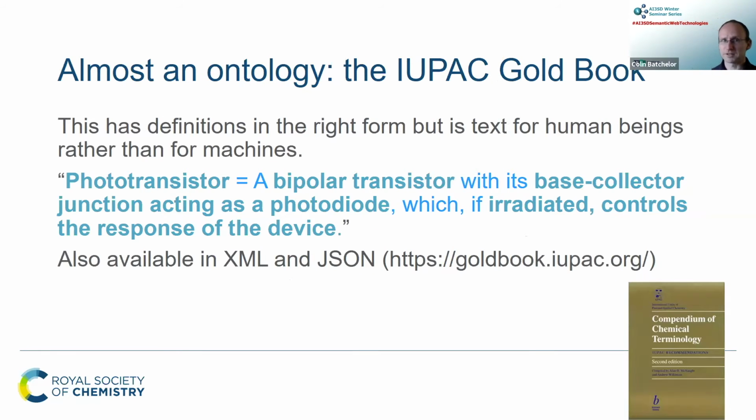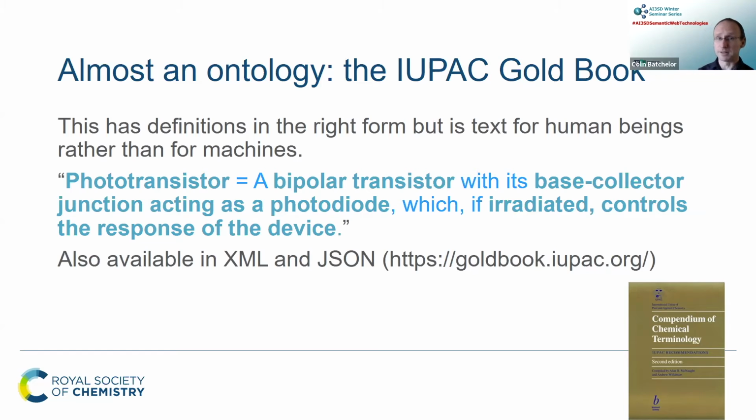Something that's almost an ontology is the IUPAC Gold Book. Now, this actually has definitions for the things that it talks about in a form that is very close to the sort of thing that you have in an ontology. It's called an Aristotelian definition, where you say a phototransistor is a specific sort of bipolar transistor, and then it says what makes that different from other bipolar transistors.